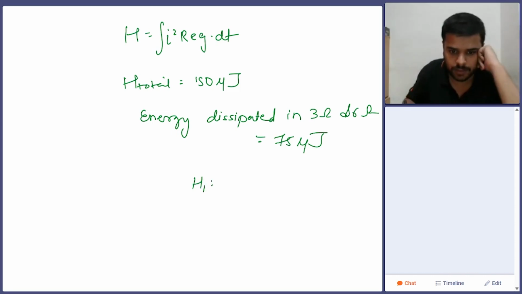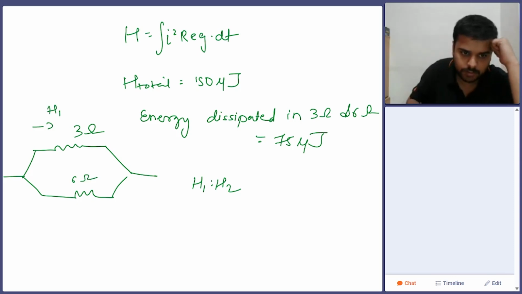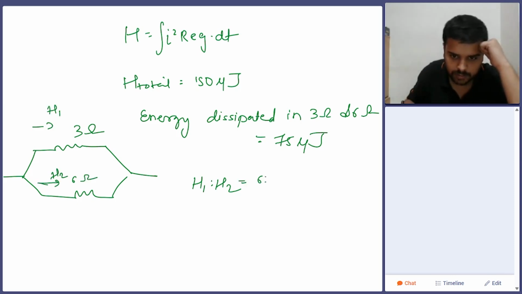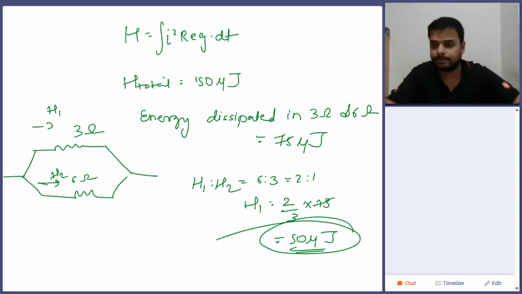So H1 is to H2 will be how much? Here this is 3 ohms, this is 6 ohms, here it is H1, here it is H2. So this is equal to 6 is to 3, which is 2 is to 1. So H1 is equal to 2 by 3 into 75, which is 50 microjoules. This is your answer.